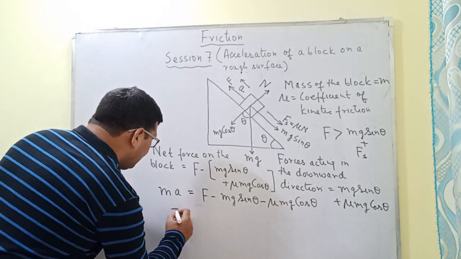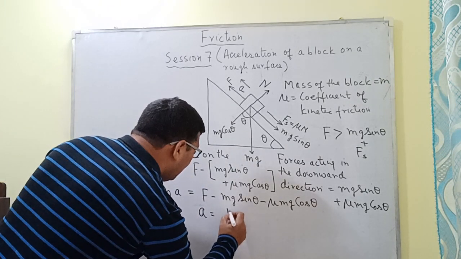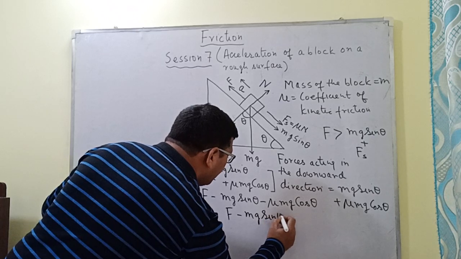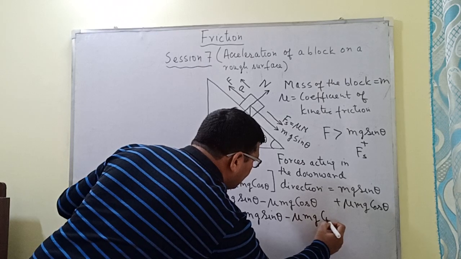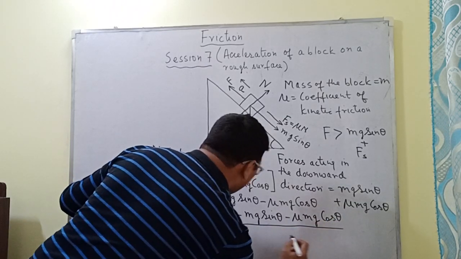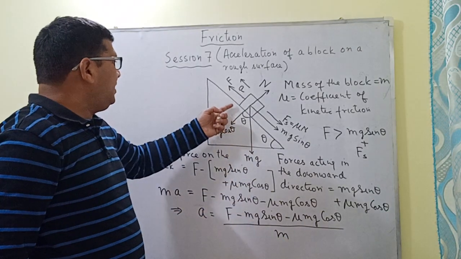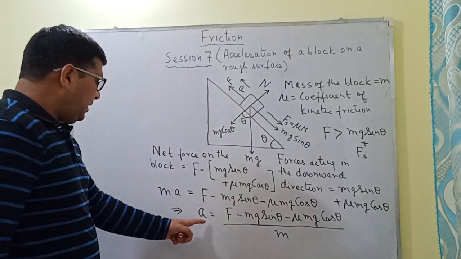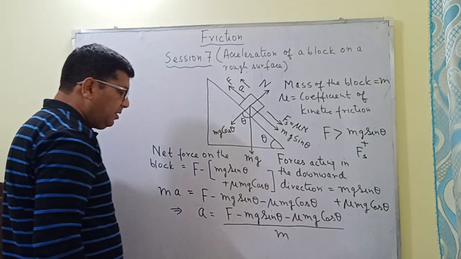So it implies that a, that is the acceleration of the block, will be equal to F minus mg sin theta minus mu mg cos theta, divided by m. So this is the acceleration of this block when it is moving up the inclined plane.